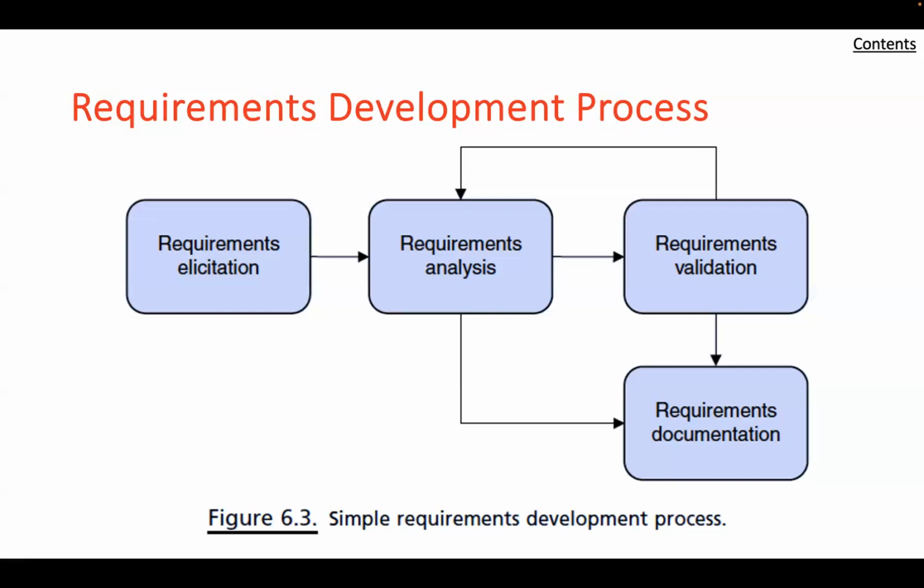Next, let's talk about the requirements analysis. This activity starts with an initial set of requirements from the elicitation stage. Individual requirements, as well as the set as a whole, are analyzed for various attributes and characteristics. Some characteristics are desirable, such as feasible and verifiable. Other characteristics are not, such as vague or inconsistent.